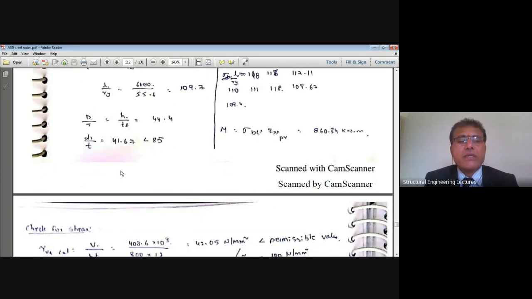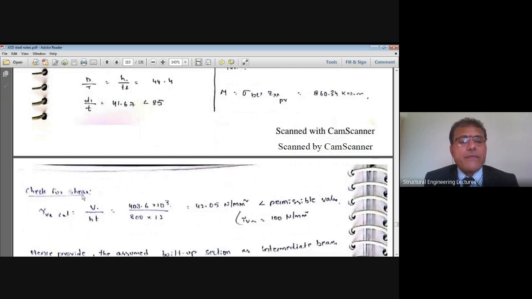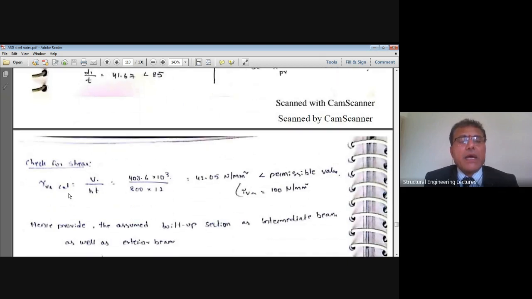Let us also check, is it okay from the shear criteria or not? Yes. The actual shear stress, tau actual, is nothing but the shear force 403.6 × 10^3 newtons divided by the shearing area, this web whose depth is equal to 800 with a thickness of 12 mm.